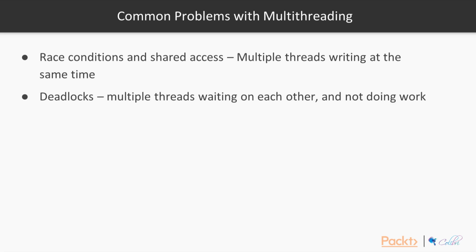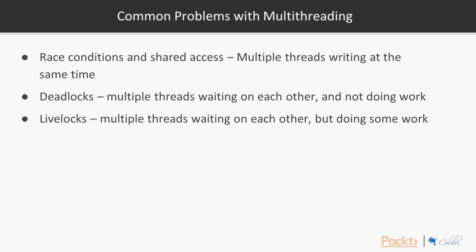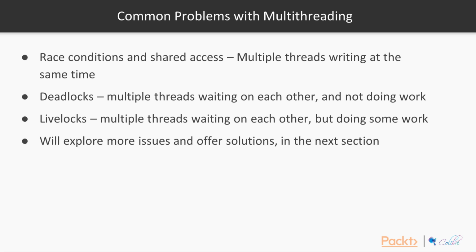Deadlocks and livelocks are also potential issues and describe a situation when multiple threads are waiting on each other and therefore none of them is able to complete. We will go deeper into these topics in future videos, so there is no need to learn them now. Just knowing that they exist will be sufficient.